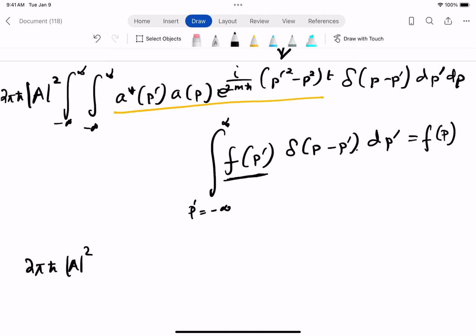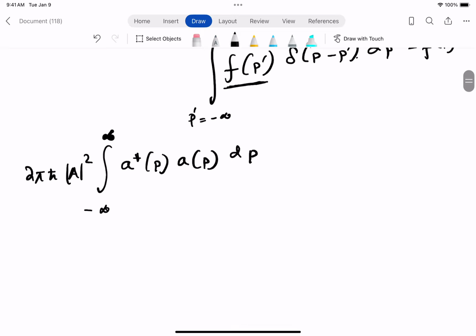Now I'm only left with the integral over p because I'm done with the integral over p prime. I'm going to replace the a star of p prime by just a star of p. In the exponential factor, when I replace the p prime by p, the whole thing just disappears. So I'm left with a star of p, a of p, dp.